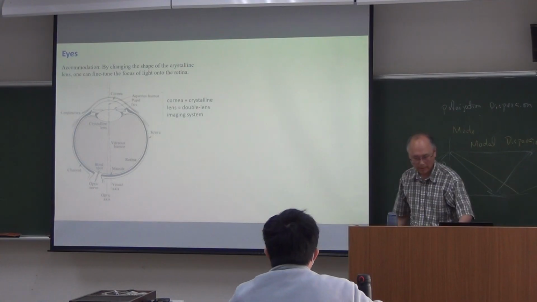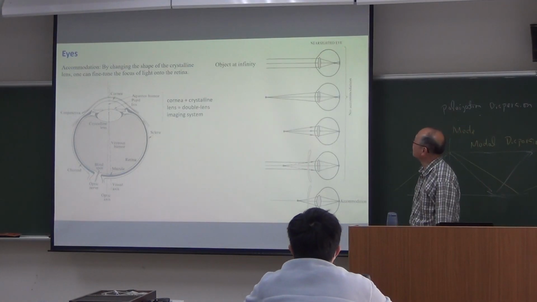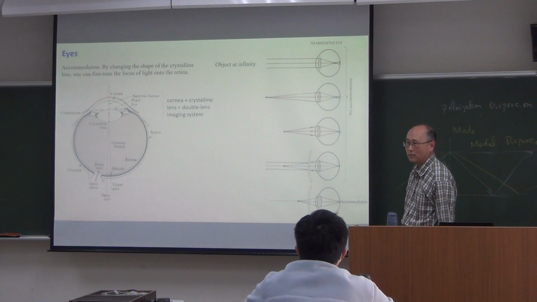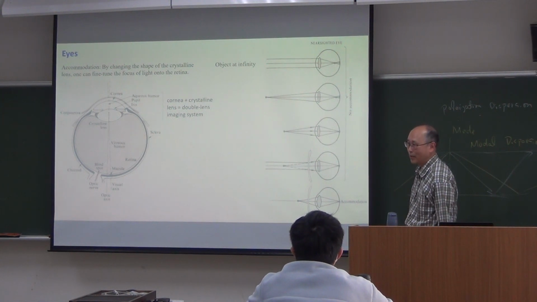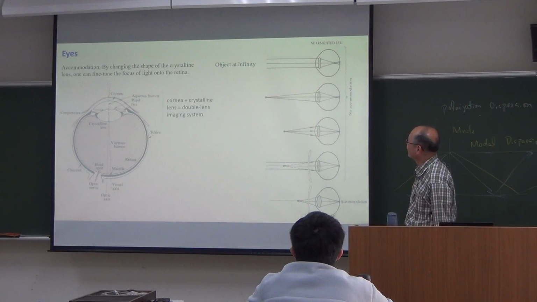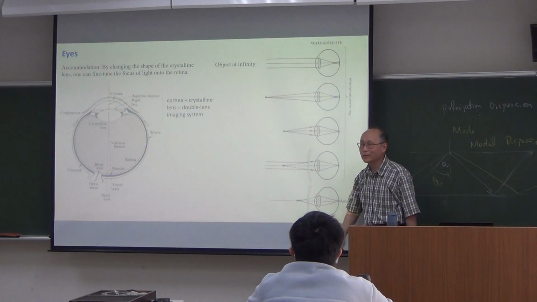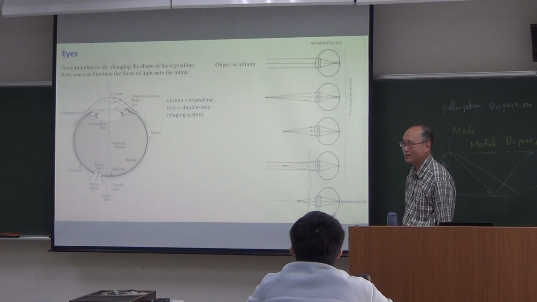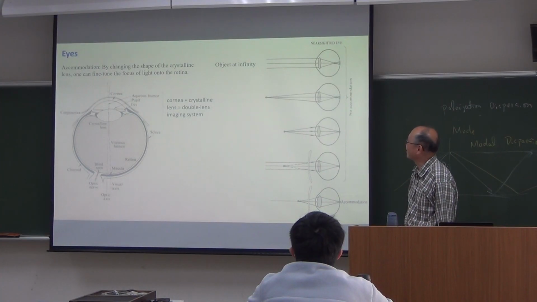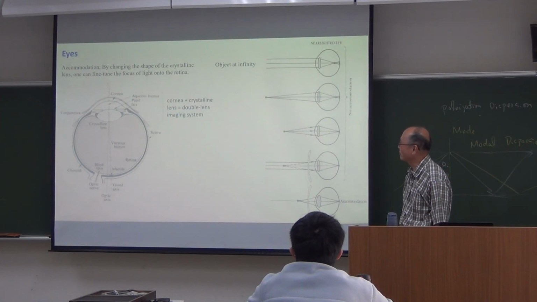Okay, now, when I was young, I became nearsighted. People call this myopia. What happens is that in the regular, healthy eye, the object at infinity is going to form a point image on the retina.